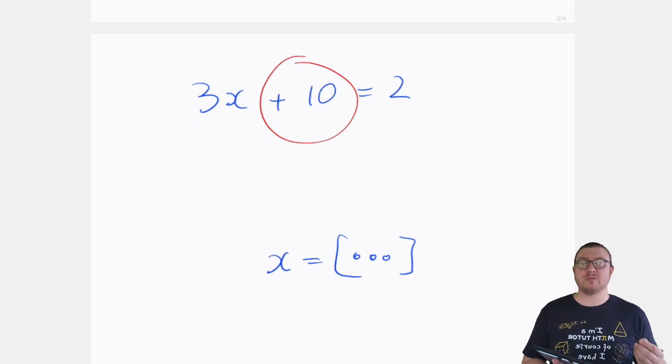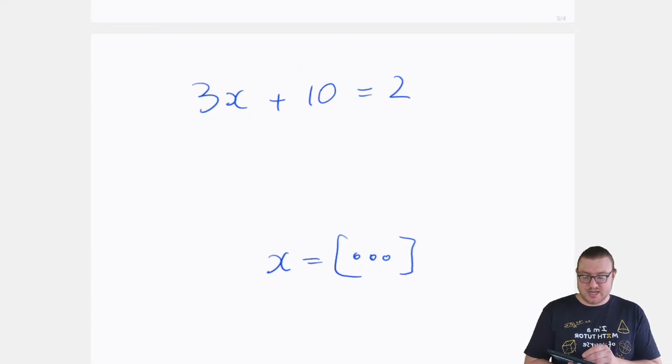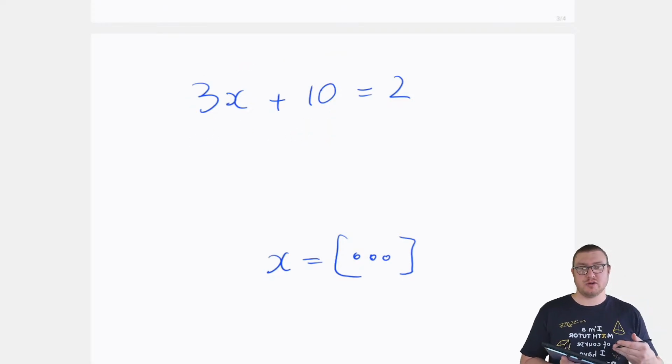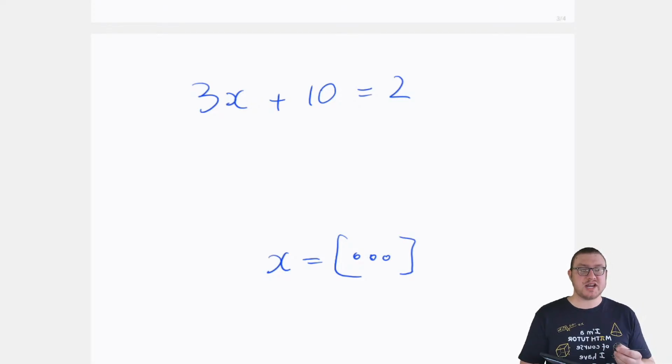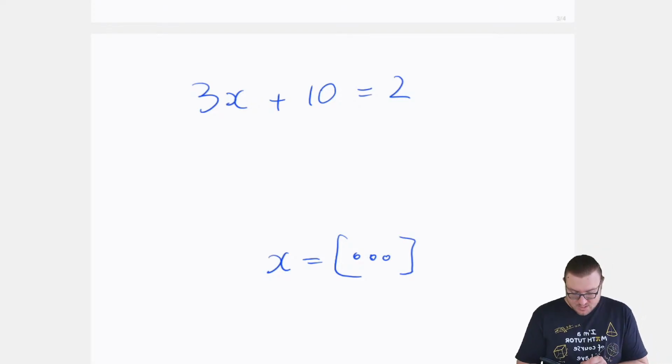But the reason why we do that is because here we are first multiplying by 3, then adding 10. And to undo this method, to undo these steps, we need to do it in the opposite order. So we first need to subtract 10 on both sides. So we're going to do minus 10 on both sides.